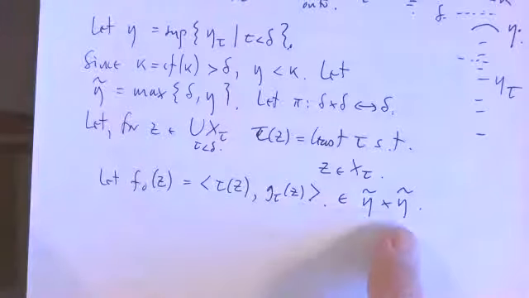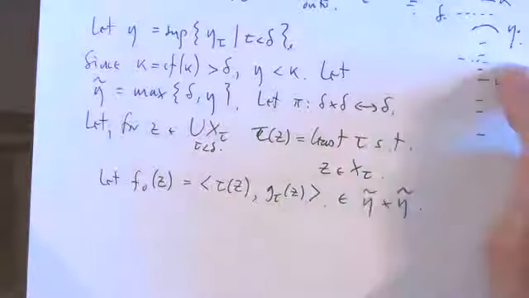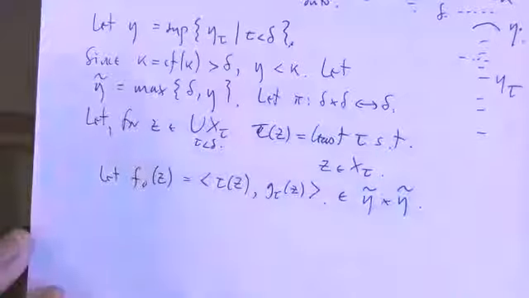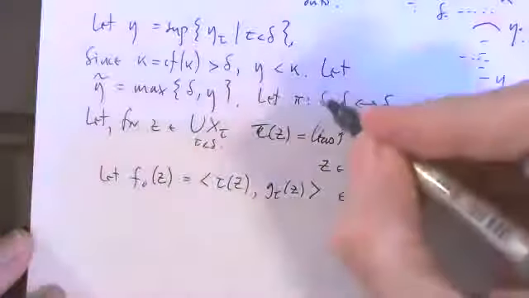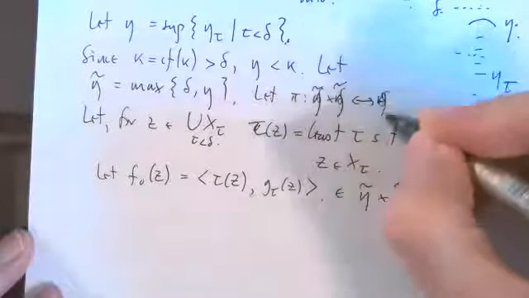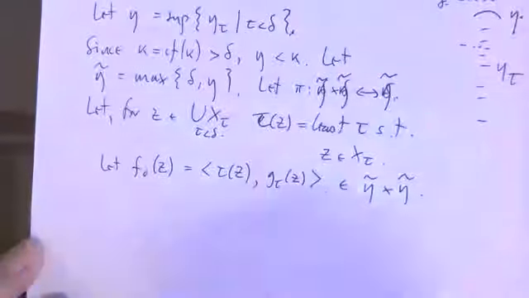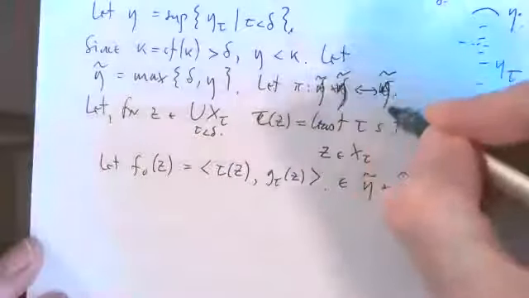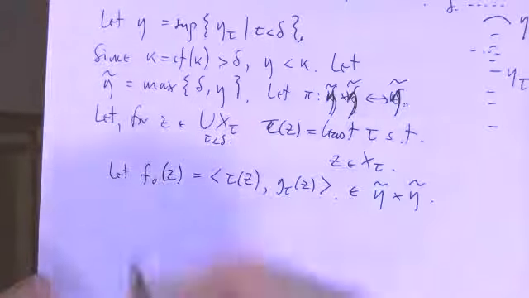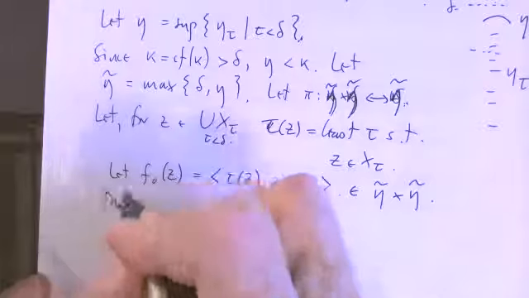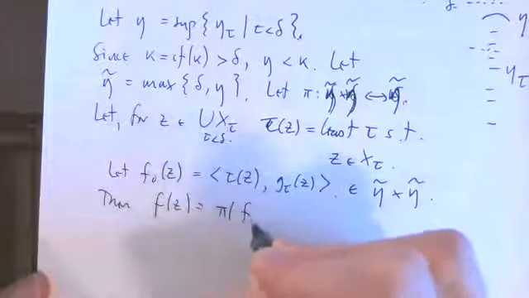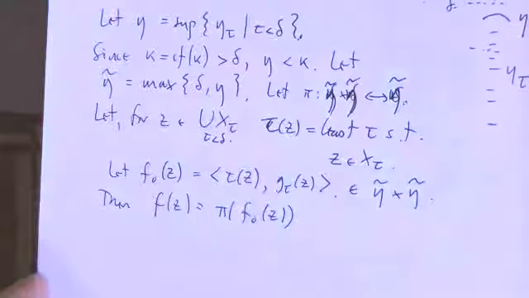So I'm just allowing myself a little bit of room there, right? And so what I want is pi to be from eta tilde cross eta tilde to eta tilde. Sorry, not delta. And then I can let f of z be pi of f0 of z here.